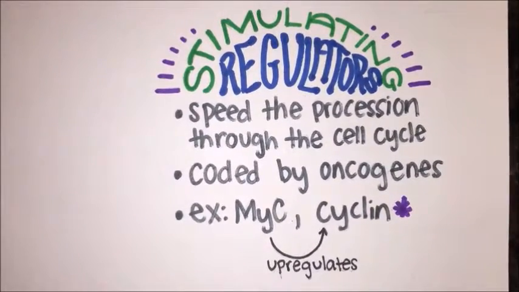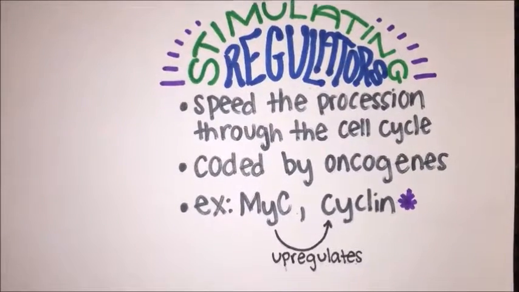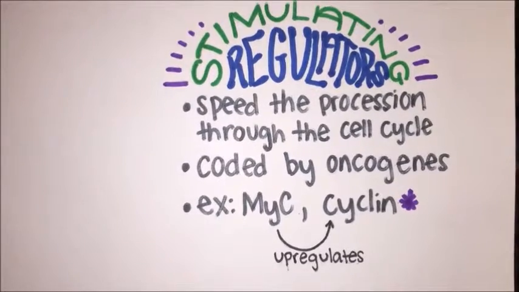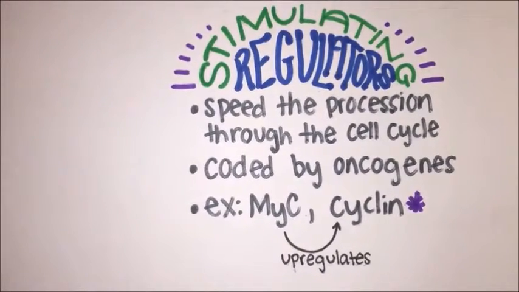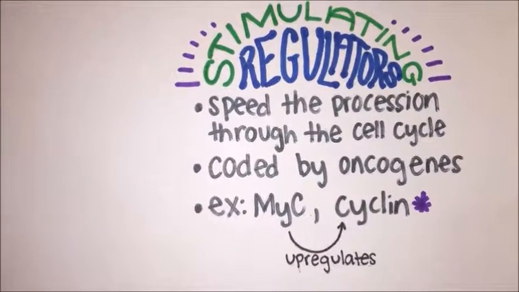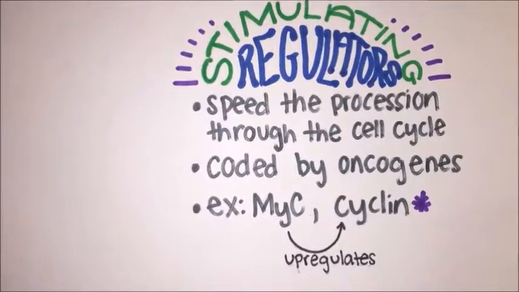This often causes a buildup of cancerous cells we call a tumor. Some examples of stimulating regulators are MYC and cyclin, and MYC actually upregulates or increases the production of cyclin. Cyclin is a very important regulator that is going to be the focus of the second part of this video.